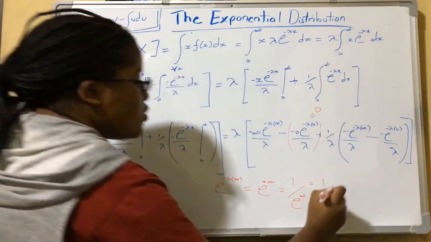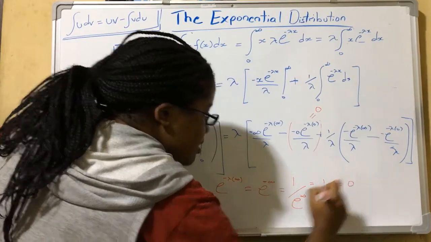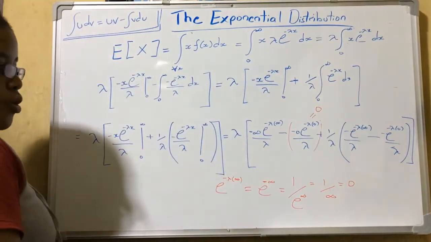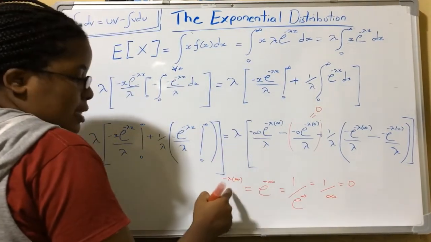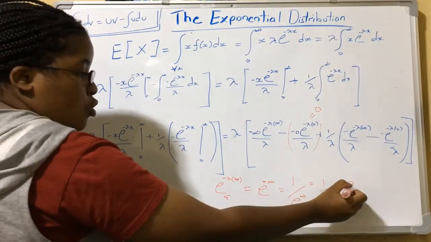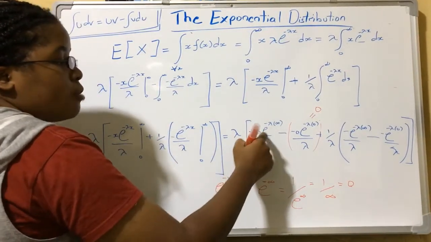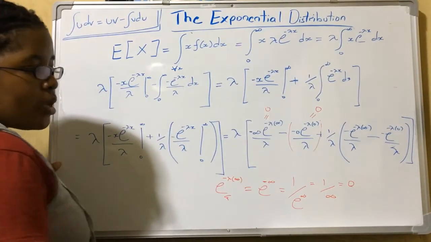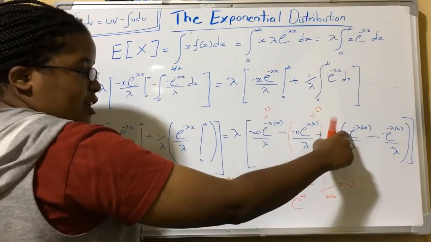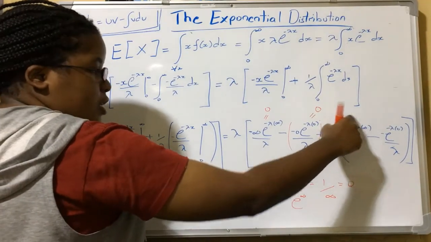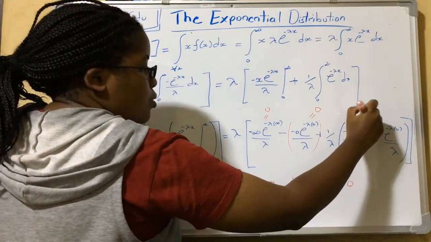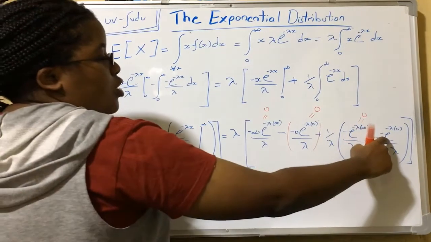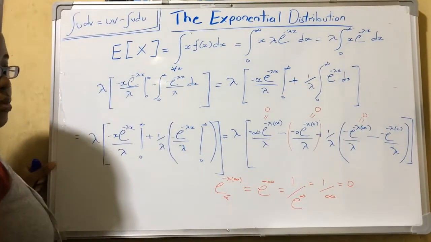And therefore 1 over infinity we know will be given as 0. It tends to 0. Which means therefore that anything that has this expression will also be equal to 0. So it will be 0 times infinity, which will make this expression here 0. And this expression also occurs here, exponential negative lambda infinity, and we know this will be equal to 0. So we are left with only 1 to determine what that will be equal to.